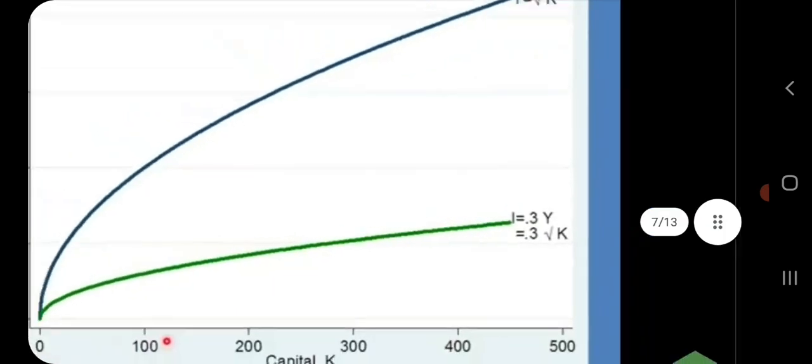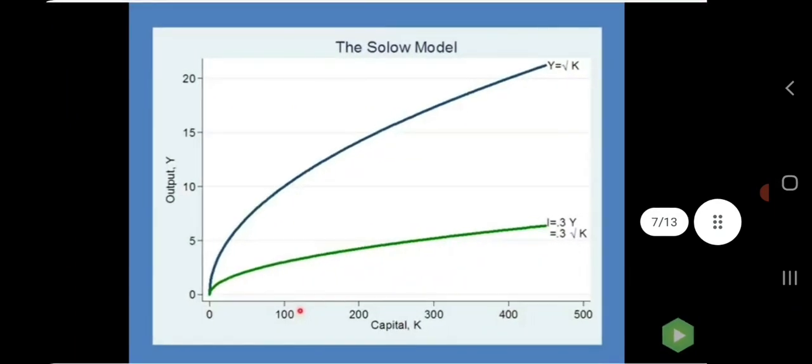Therefore we can rewrite the investment function as I is equal to 0.3 root k. So let us see what this particular investment curve implies.